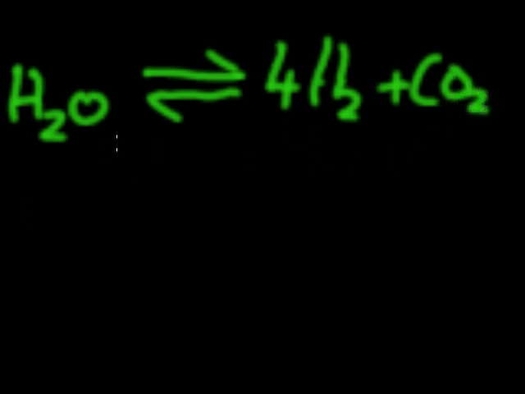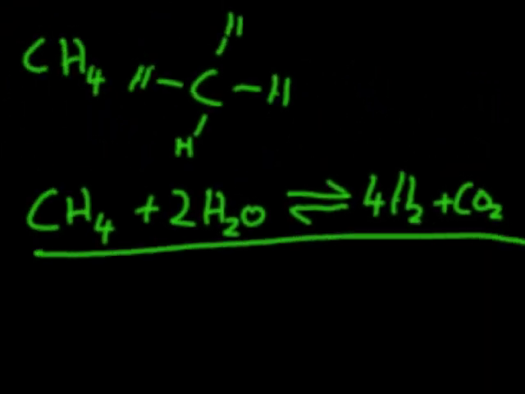Now, there's actually a multi-step process involved in this conversion, but this is just the reaction that you need to know for the HSC. So methane plus water goes to hydrogen gas, which is what we wanted, and some carbon dioxide that we need to get rid of before we send the hydrogen into the reaction chamber.